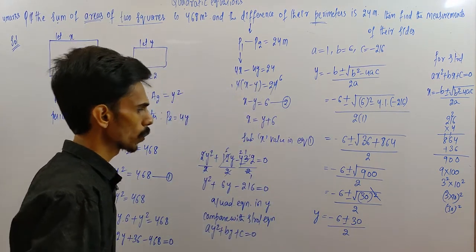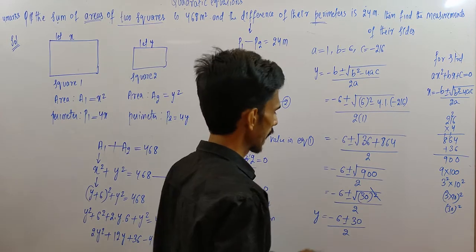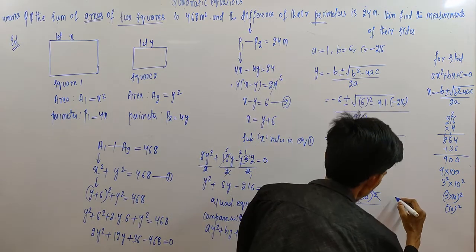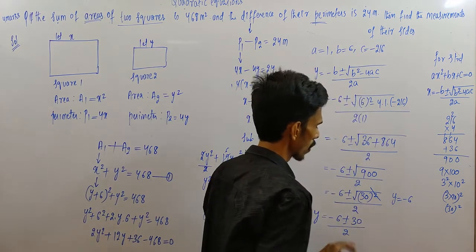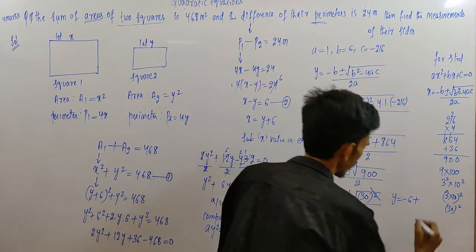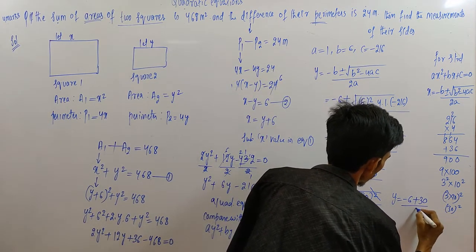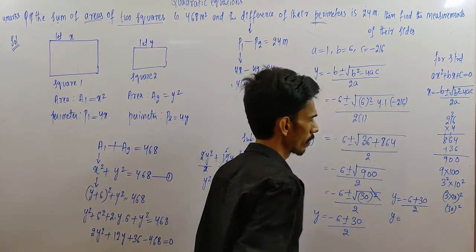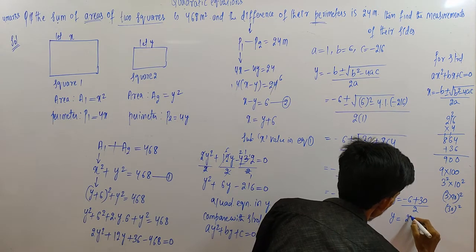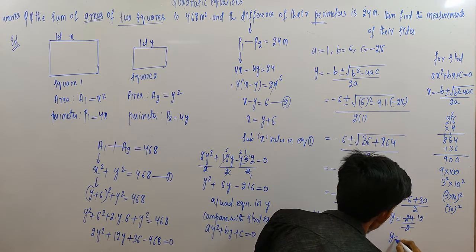So we have two values, plus and minus. Let us take positive first. y is equal to minus 6 plus 30 by 2. We will get 30 minus 6, we have 24. 24 by 2, that is 12. So we will get y value as 12.